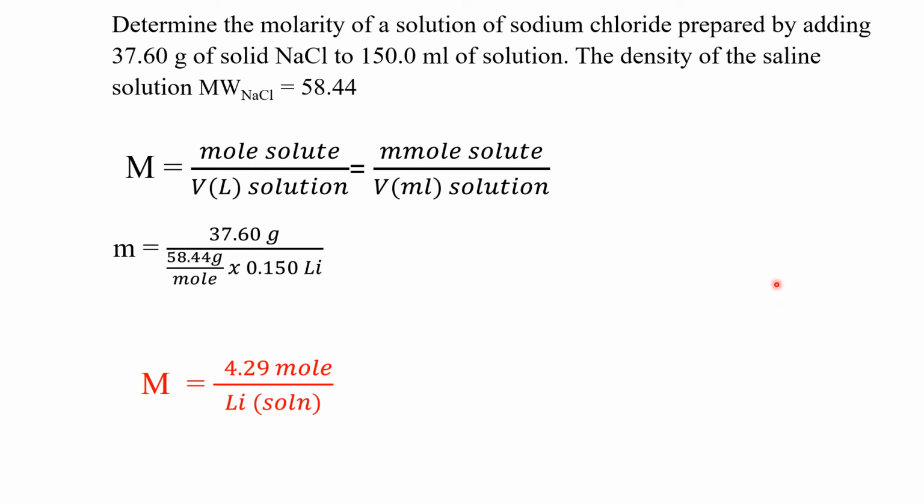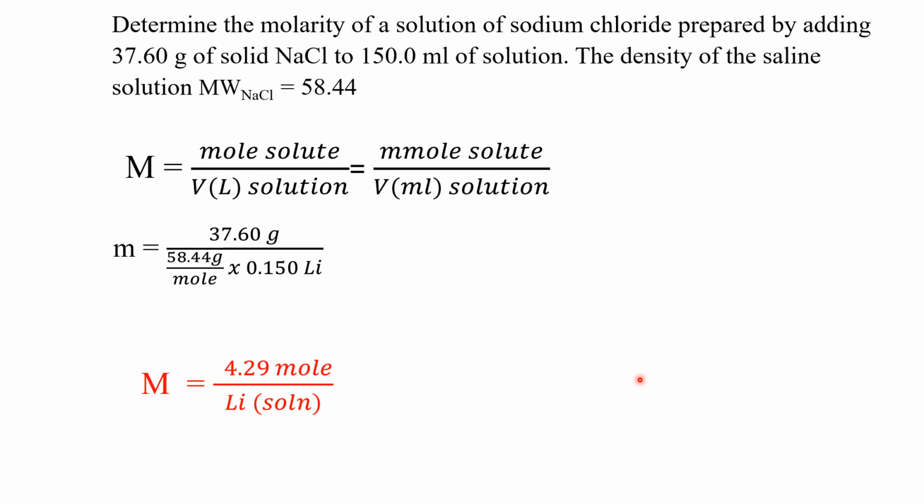If you plug all these values into your calculator, you end up with 0.23 grams of sodium chloride per ml of solution. So we need to introduce another factor so that we get rid of gram of sodium chloride and it is replaced by millimole of sodium chloride.